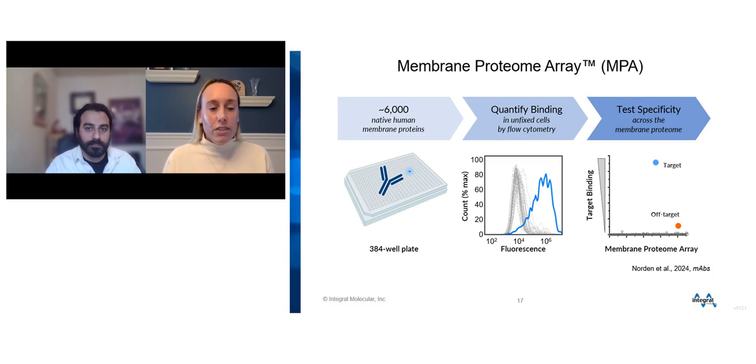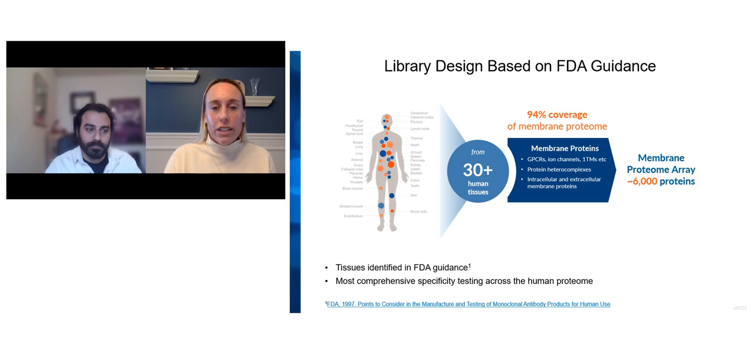They're arrayed in a 384 well plate format to allow for high throughput screening. We use flow cytometry to quantify binding, and we always use unfixed cells. And this way, we're able to test specificity across the full membrane proteome and identify precisely which proteins an antibody binds to. And I'll show some key features of this platform, as well as cell-based protein arrays in general.